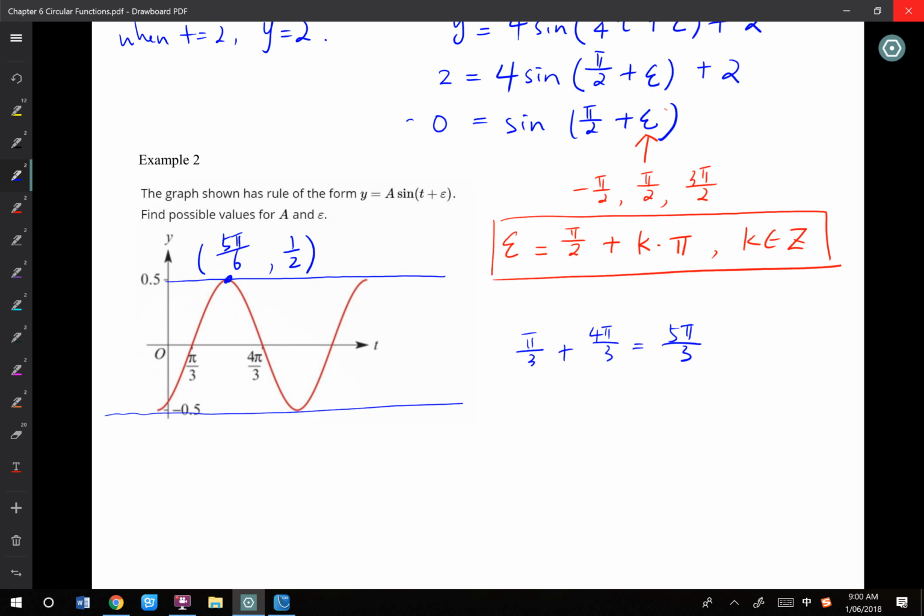What's the amplitude for this question? Half or negative half. The amplitude is half, but A can be positive half or negative half.